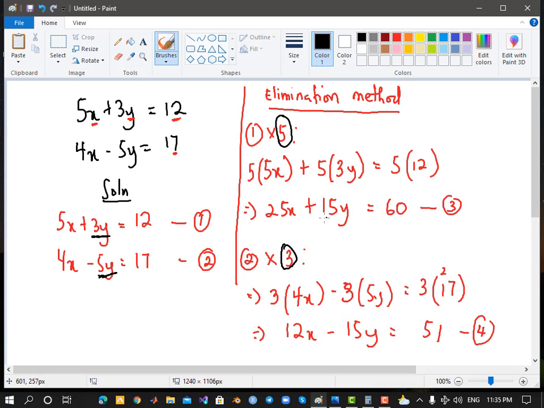When we come to this side, you see that we have 15 here and 15 here. To get such same numbers, we take the coefficient of y for equation 2, which is 5, to multiply all the terms in equation 1, and we pick the 3 here to multiply all the terms in equation 2. That is what we have done to get two values that are the same.